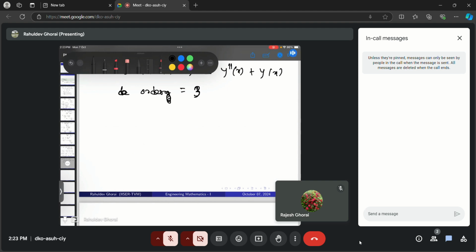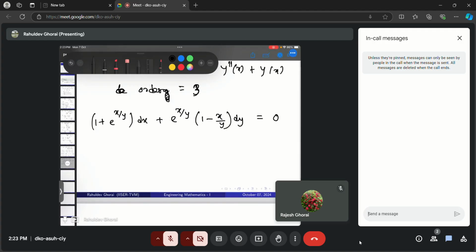Now let's say you want to find a general solution of a differential equation like this: (1 plus e to the power x over y) dx plus e to the power x over y times (1 minus x over y) dy is equal to 0.